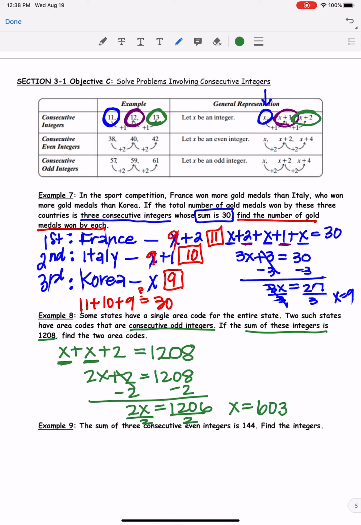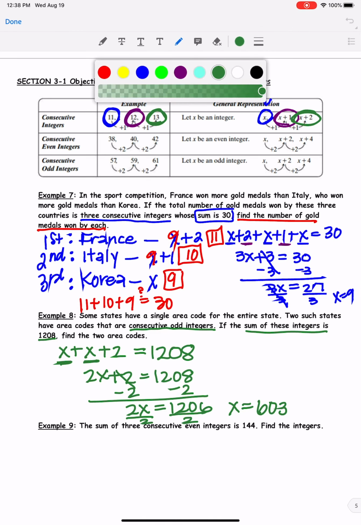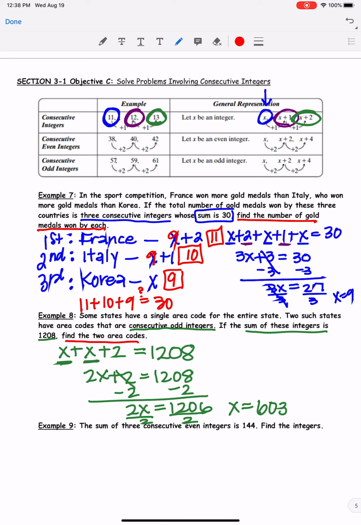Now it didn't ask what does x equal, right? Again, it asks for the 2 area codes. So if the first area code was x, then that equals 603. My second area code was x plus 2.